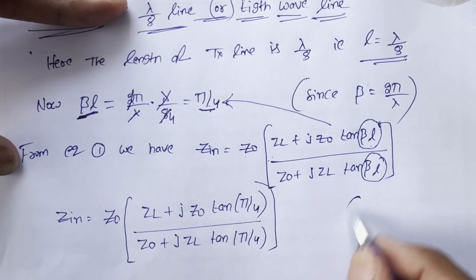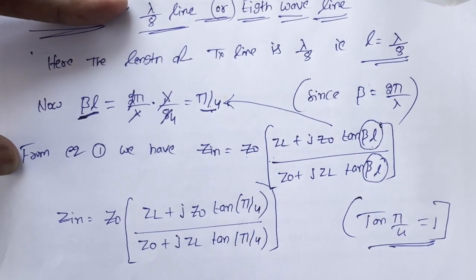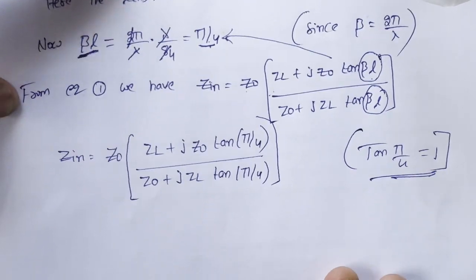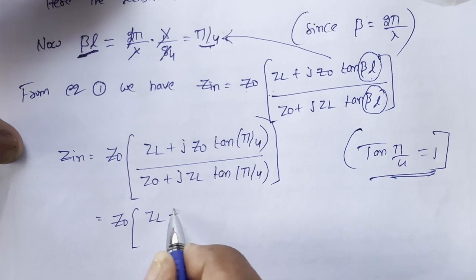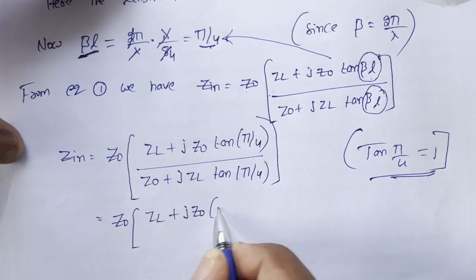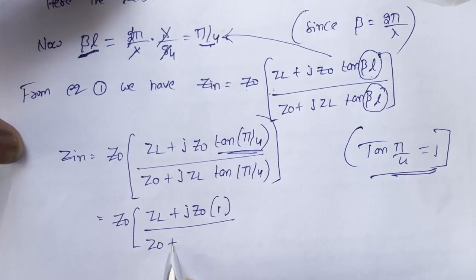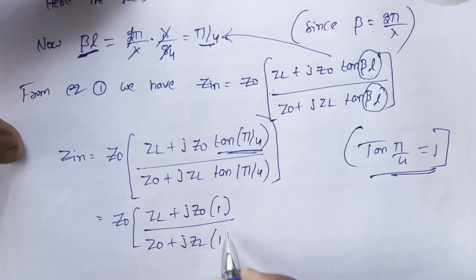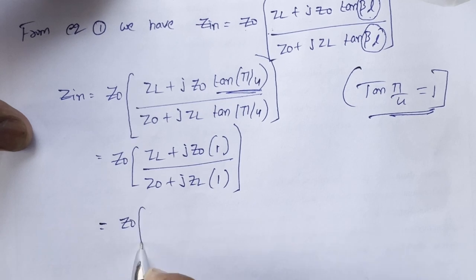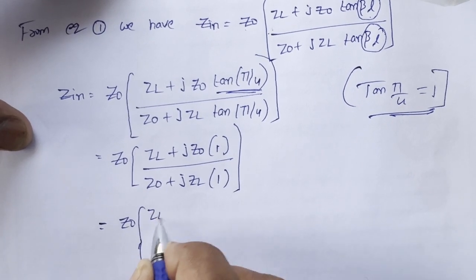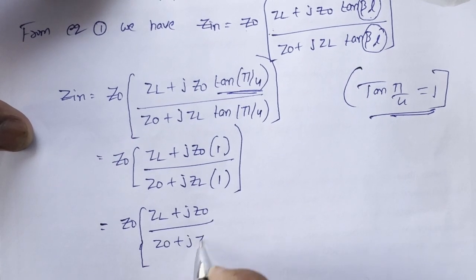Here we know that tan pi by 4 is equal to 1, that means tan 45 degrees is 1. So Zin equal to Z0 into (ZL plus j Z0 into 1) by (Z0 plus j ZL into 1), that is equal to Z0 into (ZL plus j Z0) by (Z0 plus j ZL).